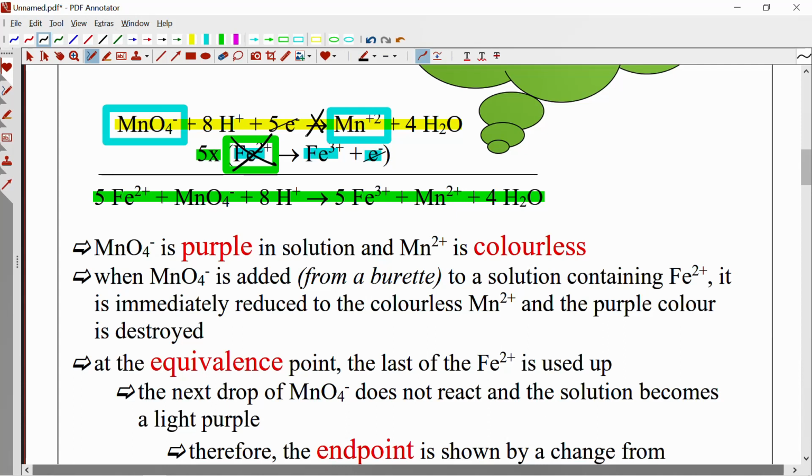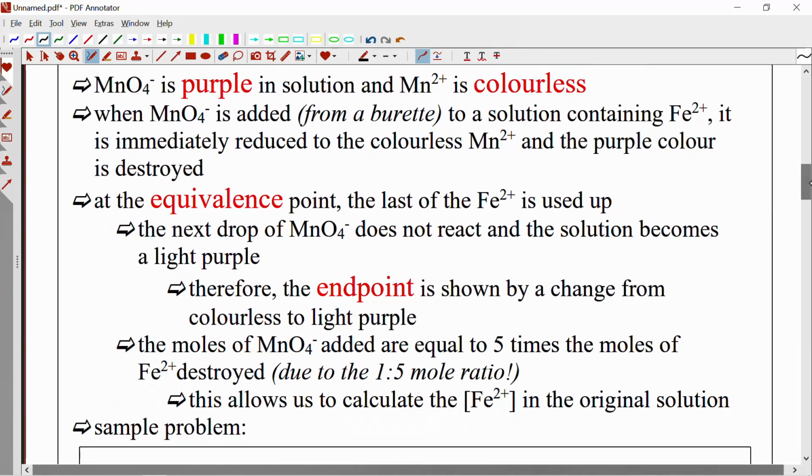So the next drop of permanganate does not react, and the solution becomes a light purple. We go from colorless to a very light purple, not a dark purple, very similar to what we saw in our acid-base titration. We went from colorless to a very light shade of purple if you did your titration correctly. Therefore, the endpoint is shown by a change from colorless to light purple.